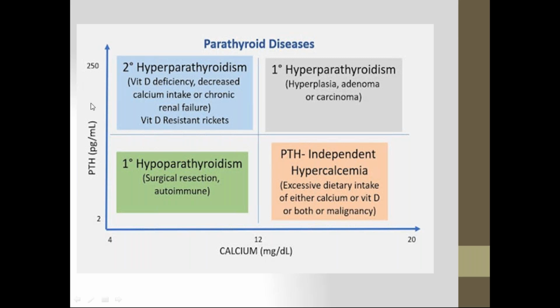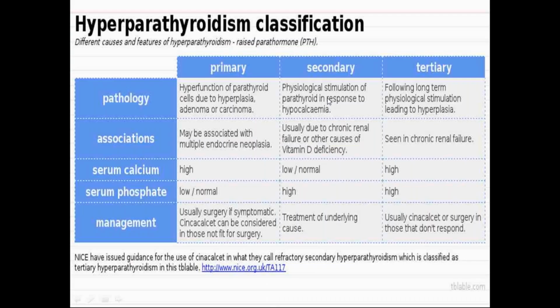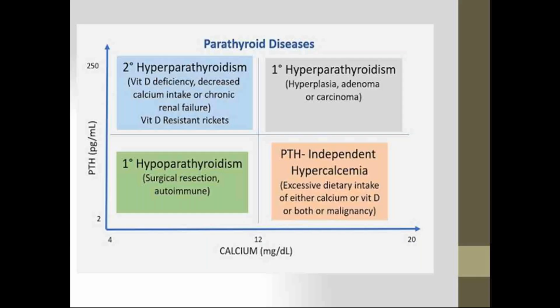In these, parathyroid hormone levels may go up to 250, and the calcium level may be low, up to 4 mg per dl. In primary hyperparathyroidism, with conditions like hyperplasia, adenoma, or carcinoma, the calcium level may be 12 to 20 mg per dl.